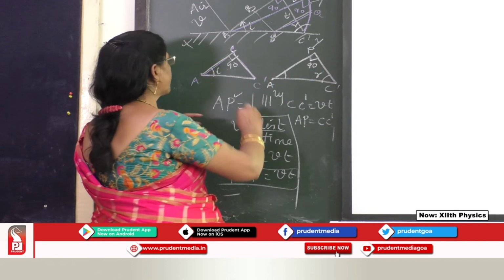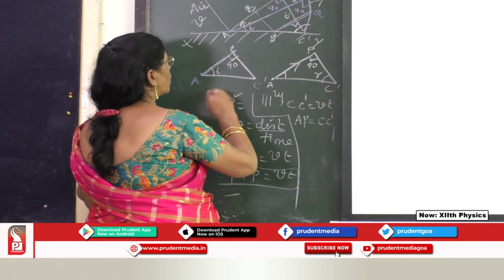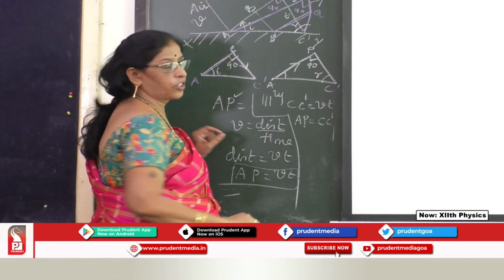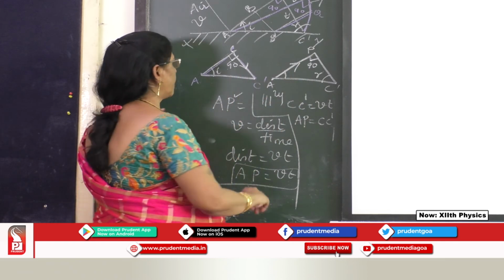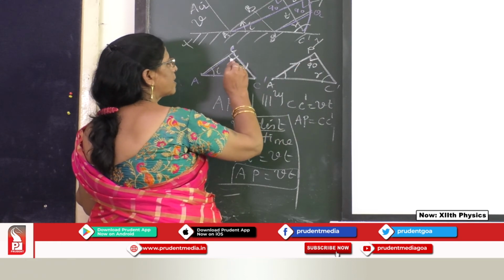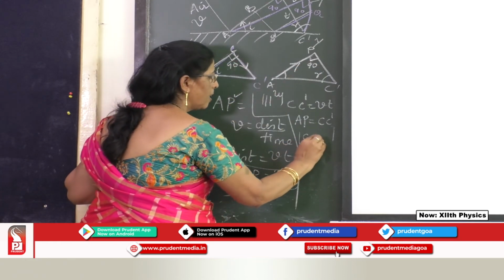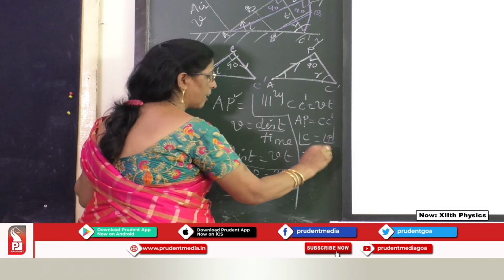So, when you consider the triangles, AP equals CC dash, and angle C equals angle P, which is equal to 90 degree.